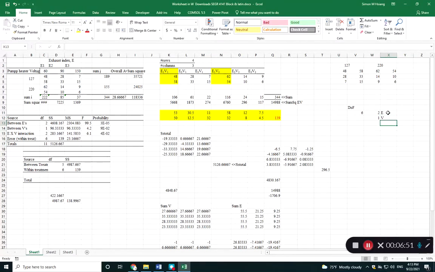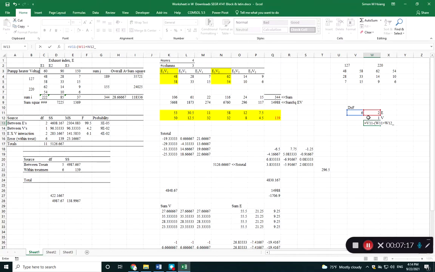And whatever the leftover is equal to the total detailed way of looking at things, minus the main effects, either this way or this way.